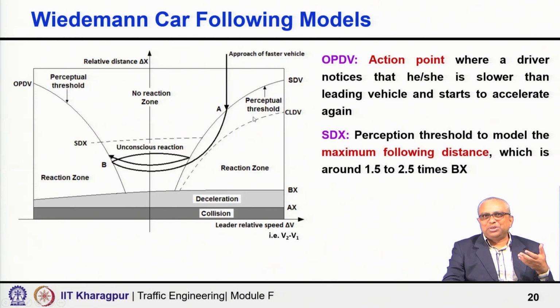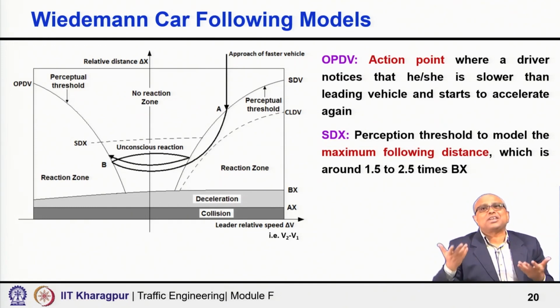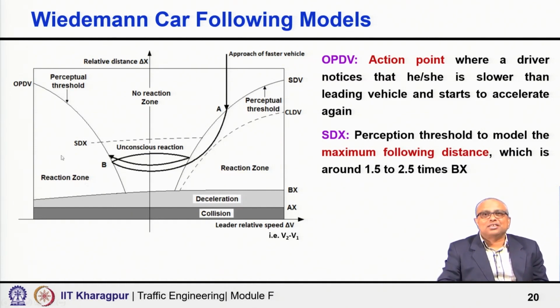If you fall below the other line, you start deceleration, but here you expect that the gap has increased. So, you will start acceleration, that is the threshold. So, it is the action point where a driver notices that he or she is slower than the leading vehicle and starts to accelerate again.